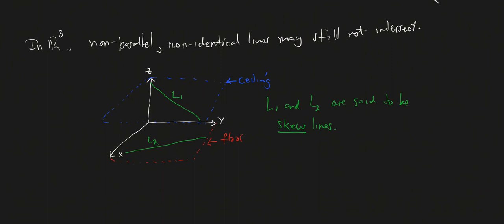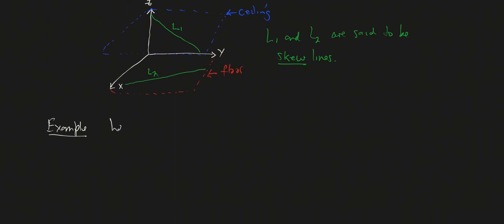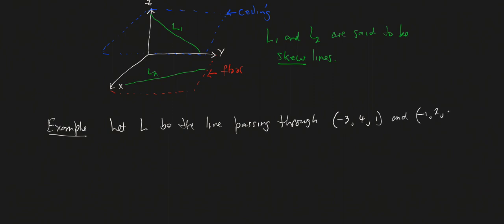So now let's look at an example working with these lines in R3. So we'll use one example to illustrate several different things. So let L be the line passing through, and here are the 2 points, (-3, 4, 1) and (-1, 2, 0), right?